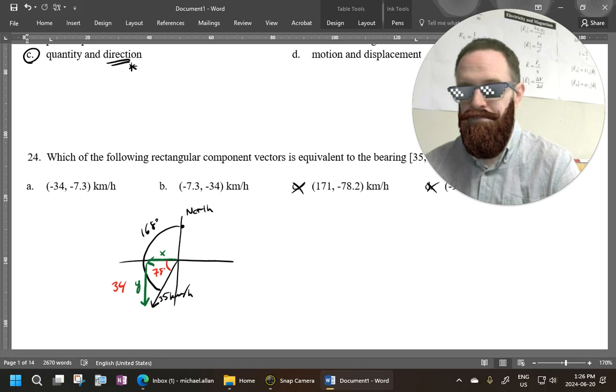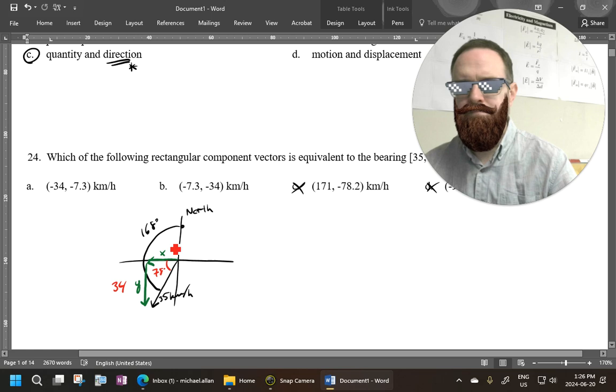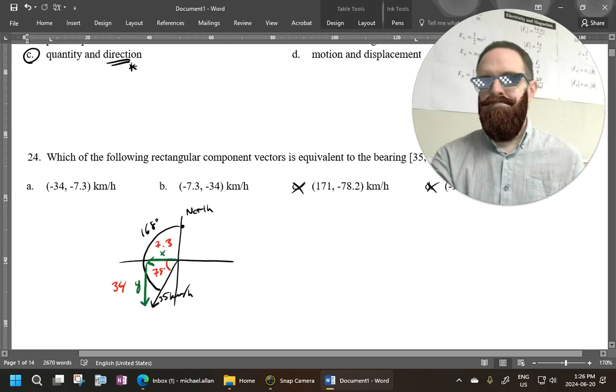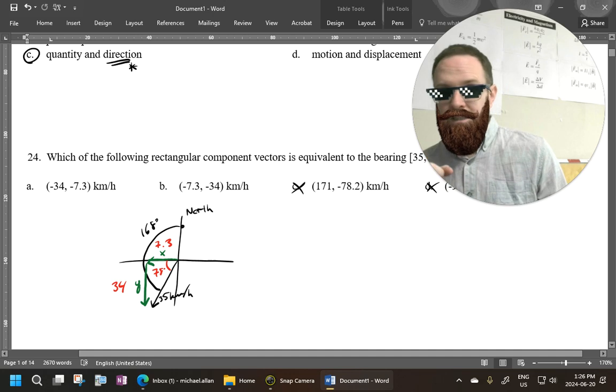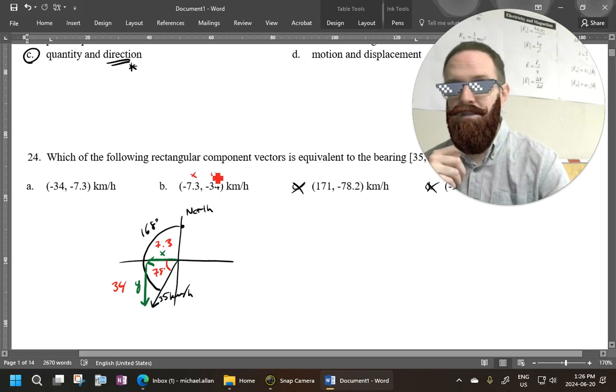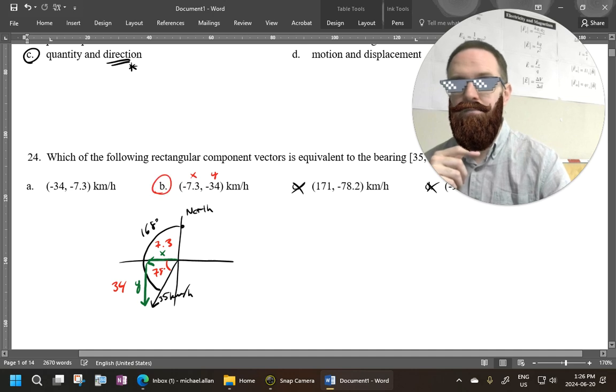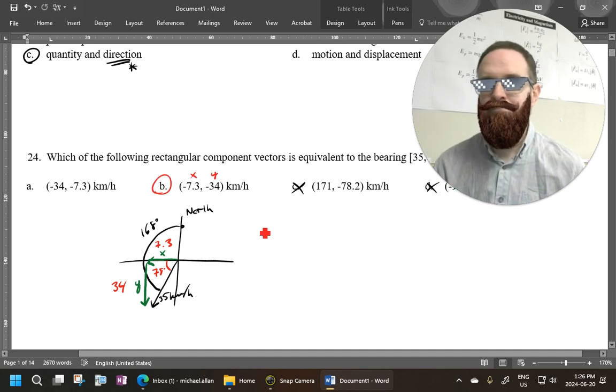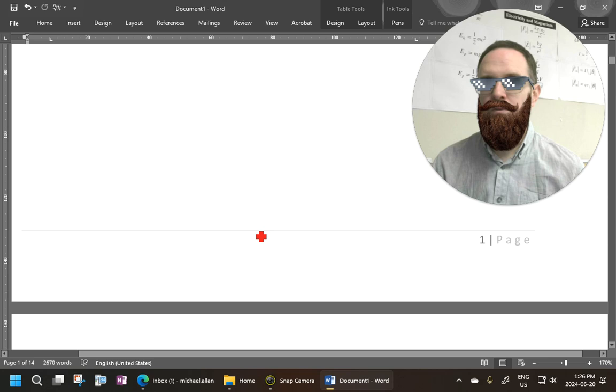Let's see. Yeah, 7.3. Both negative. You can see here, negative, negative. If I write the x first, this is how you would write it. It's probably going to be b. Okay.